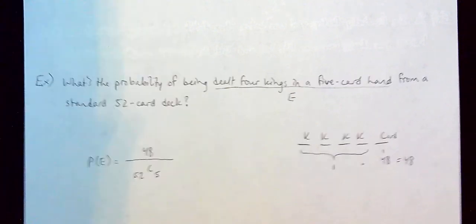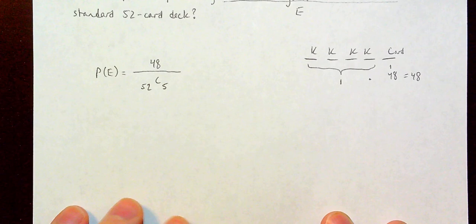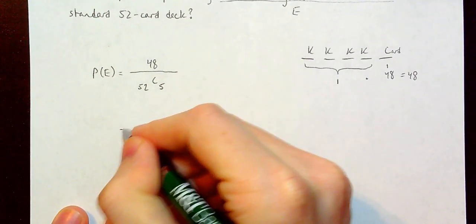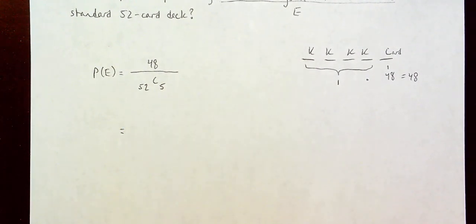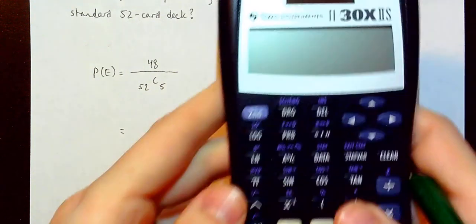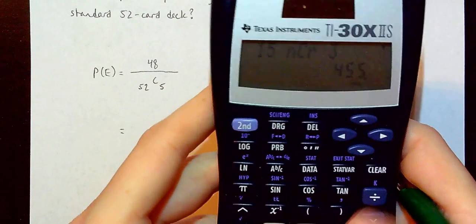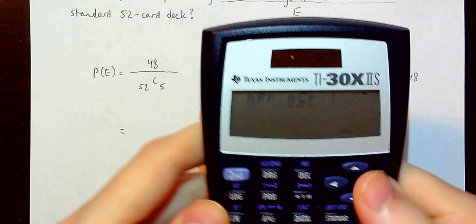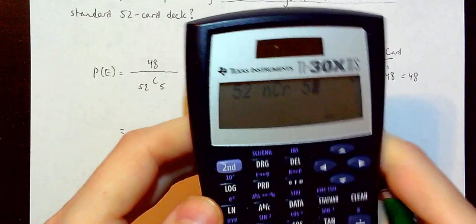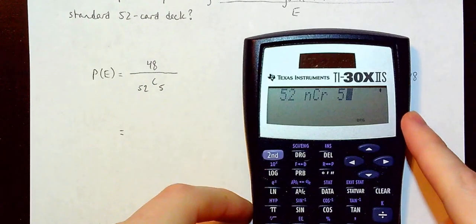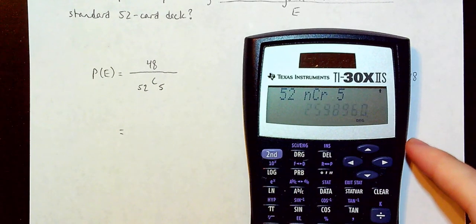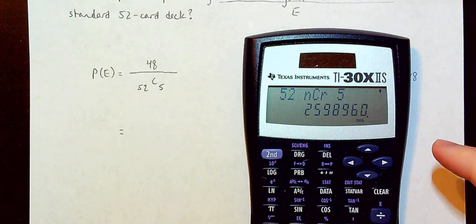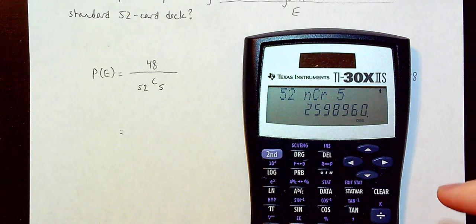So our probability then is 48 divided by 52 choose 5. The question is, what is 52 choose 5? Well, if I go 52 choose 5, I'll set this down so you can actually see it, and it's flat on there. 52 choose 5 is 2,598,960.